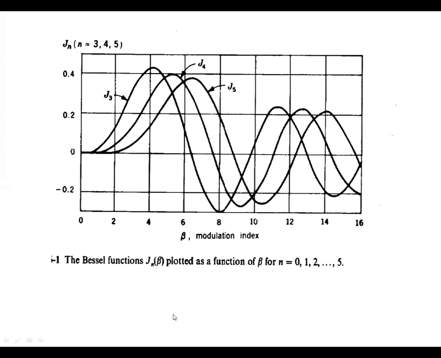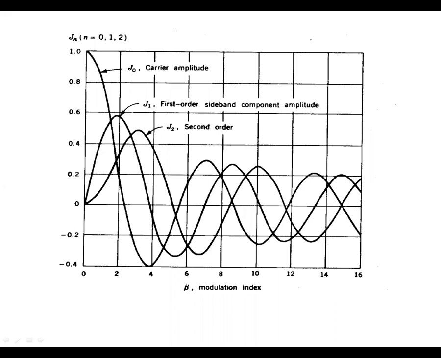So this is the Bessel function Jn of beta, plotted as a function of n equal to 0, 1, 2, 3, 4, 5, and so on. Bessel's function tells us the number of harmonics: first, second, third, fourth, fifth harmonic, and so on.